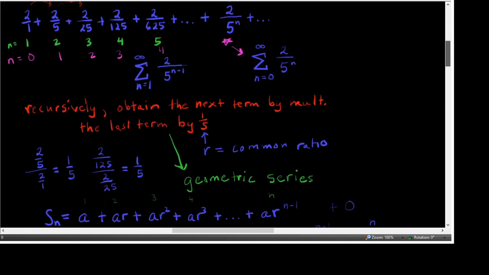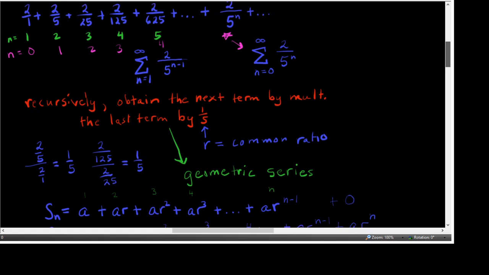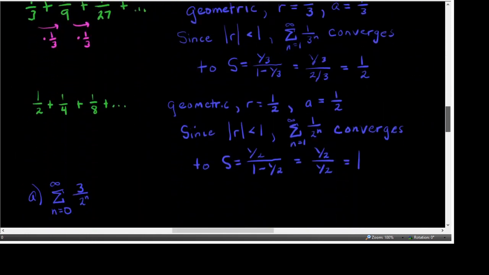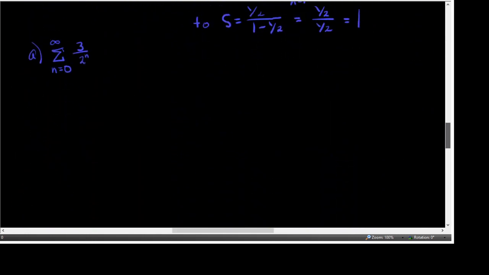Oops, not too far. Yeah, that top one, we could have started at 0 or 1. Notice that when you start at n equals 0, it's 5 to the n versus 5 to the n minus 1 if we start with 1. So most of the time we are going to start n with 0. It makes life simpler. Just trust me. I promise it's way better. And in fact, the way that geometric series are defined in Theorem 9.6 has it starting at 0.